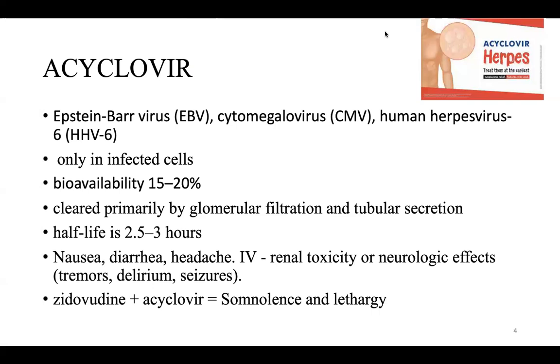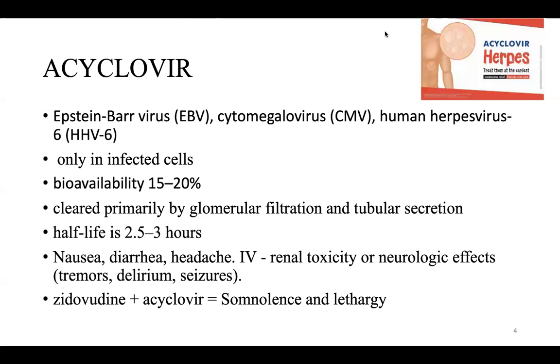Oral acyclovir has multiple uses. In first episodes of genital herpes, oral acyclovir shortens the duration of symptoms by approximately 2 days, the time to lesion healing by 4 days, and the duration of viral shedding by 7 days.